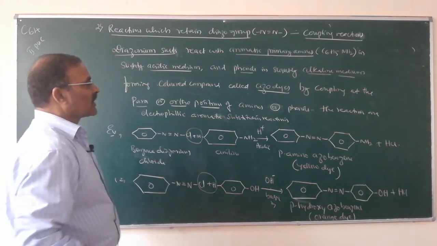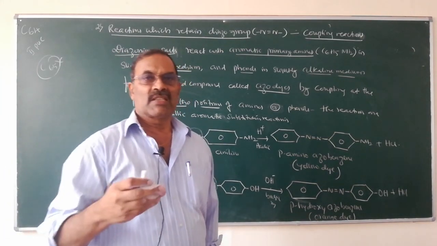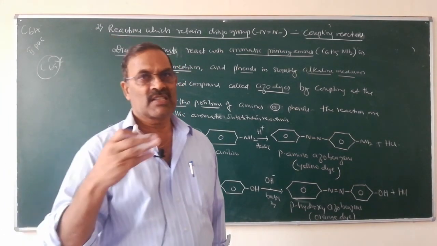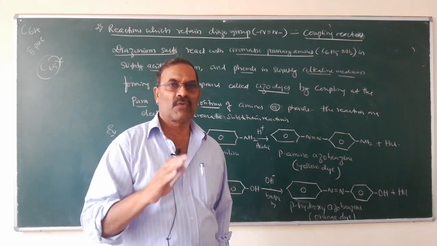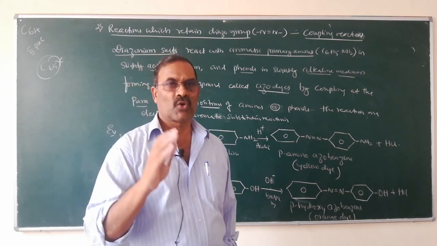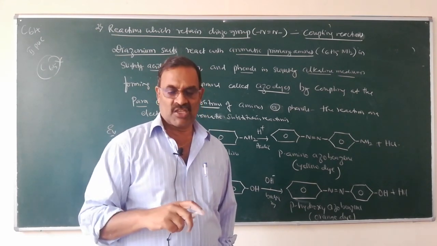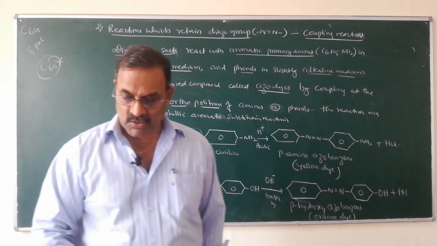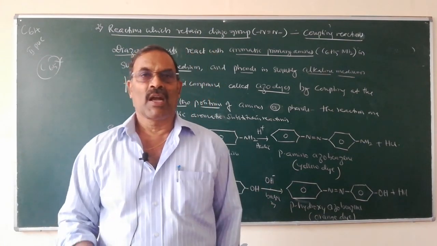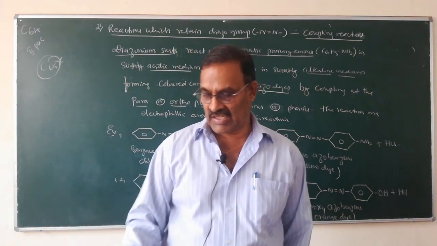The next number is C66, so it is the continuation. Don't get confused. After C64 you will receive C66, which is the continuation. That is enough for today, and I will continue in the next class.